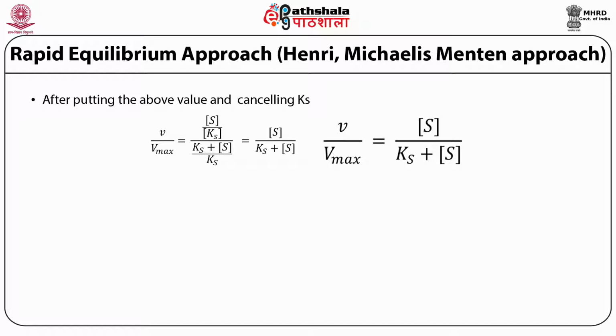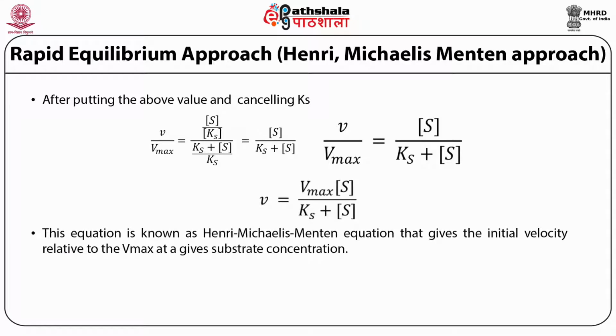So, rearranging everything, you will find that V0 is equal to Vmax into S divided by Ks plus substrate concentration. This equation, where V0 is equal to Vmax into substrate concentration divided by Ks plus substrate concentration, is known as the Henri-Michaelis-Menten equation, which gives the initial velocity relative to the Vmax at a given substrate concentration.